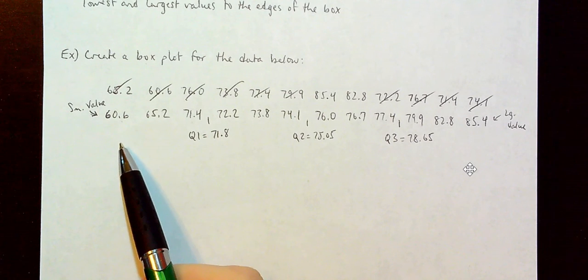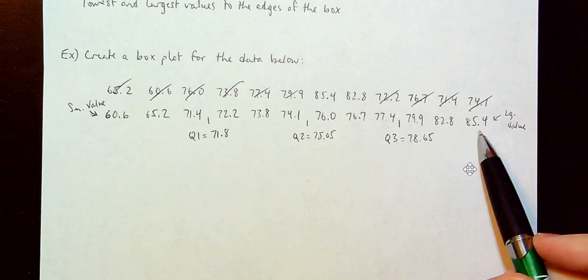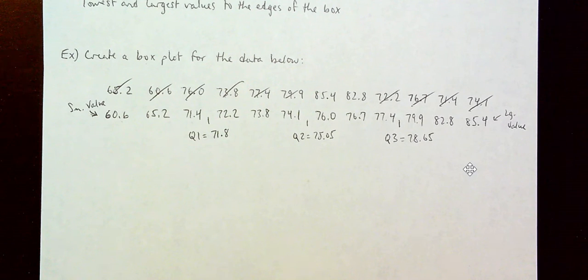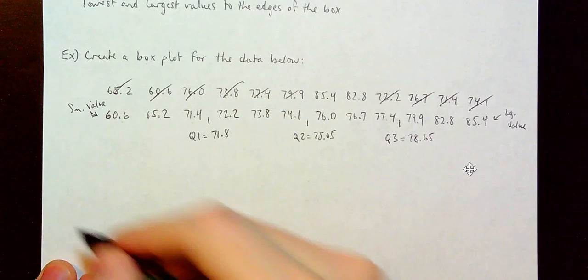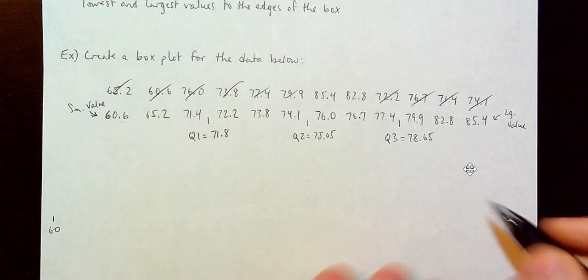Smallest value is 60.6, so starting at 60 isn't too bad. And then our largest value is 85.4. We could do 86, but just thinking of nice numbers here, 90 isn't all that bad. So I'm going to go 60 there.